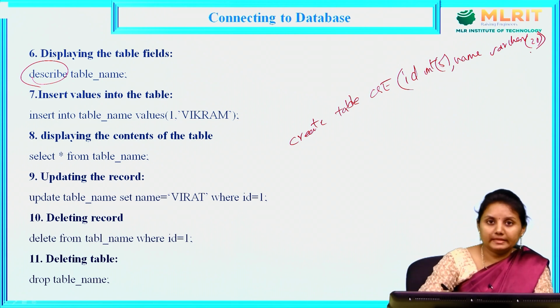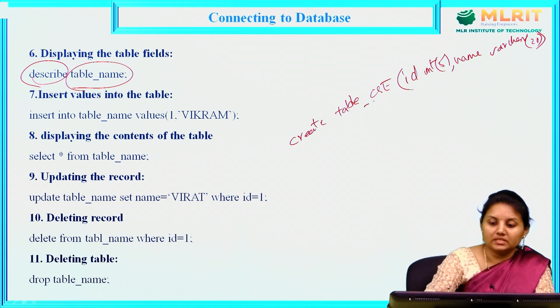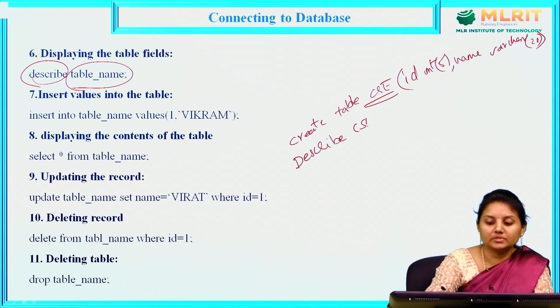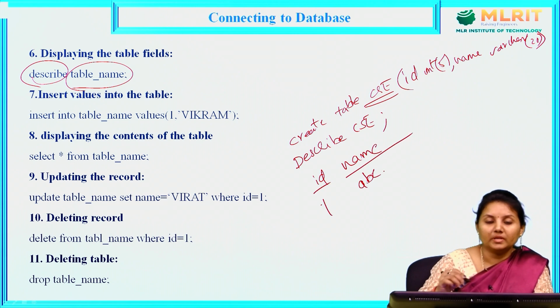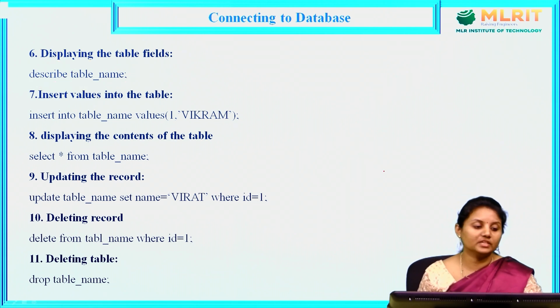So if you are creating this, I should see what is there in the table CSE. Then if you give describe CSE, then what will be displayed? Both ID and name will be displayed. If you have the values for them, your values will also be printed. So this is describing, means displaying the table fields.